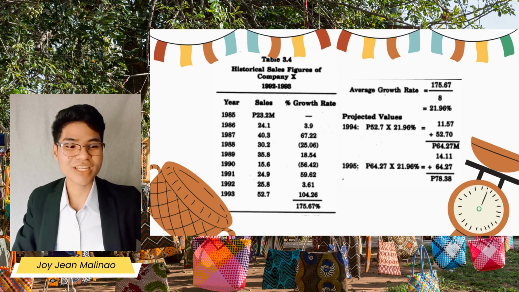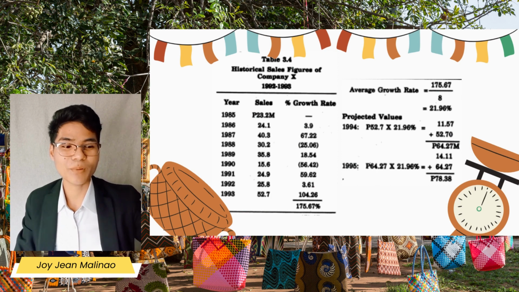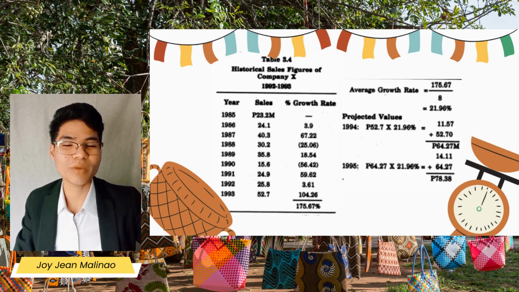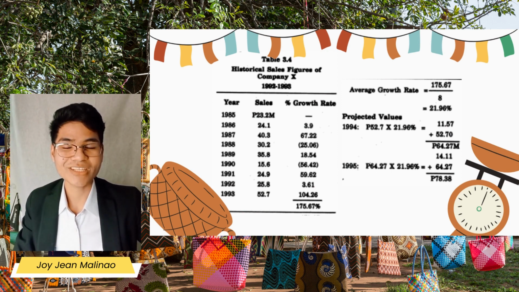And now let's proceed to 1995. Simply multiply the sales in 1994 by 21.96%, the average growth rate, and the result will be 14.11, and that is the growth in the year 1995.